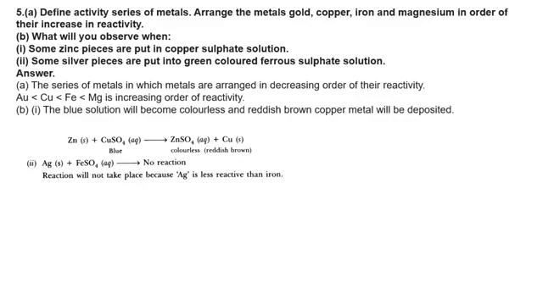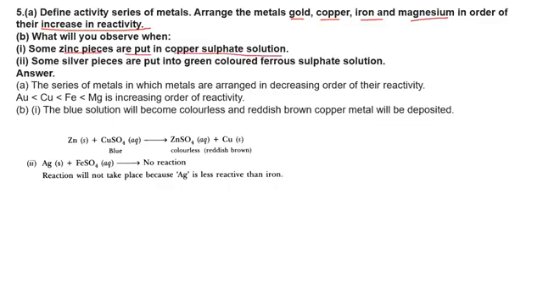In the activity series of metals, arrange the metals gold, copper, iron and magnesium in order of increasing reactivity. So you have to start with the least reactive metal and then go down, right? What will you observe when some zinc pieces are put in a copper sulfate solution?